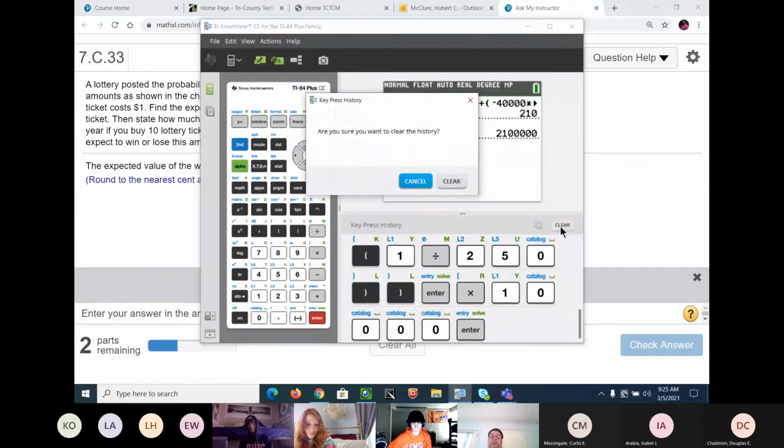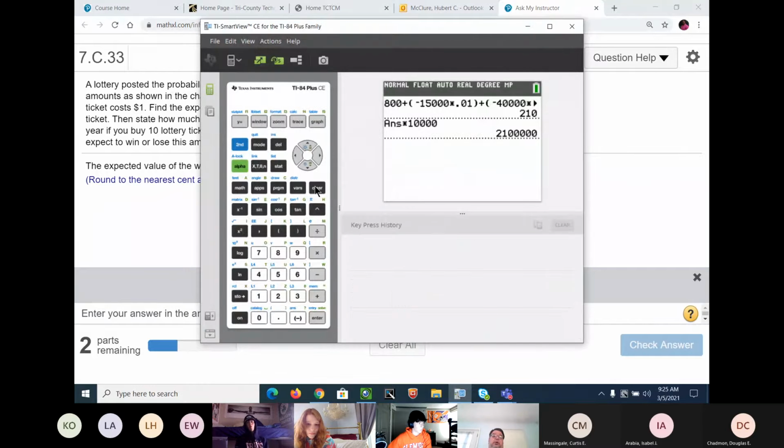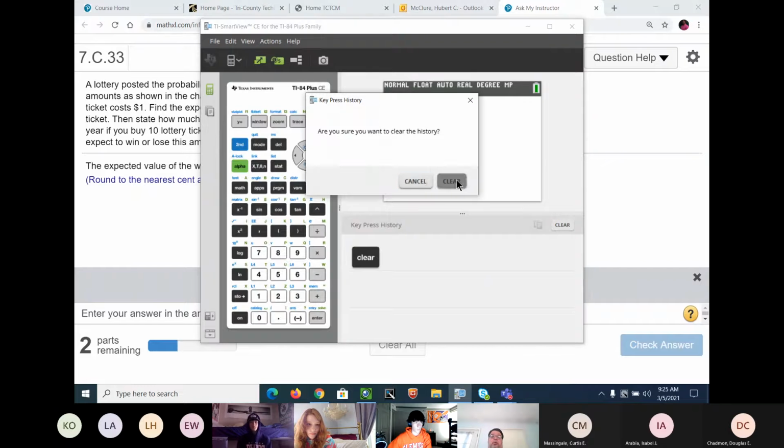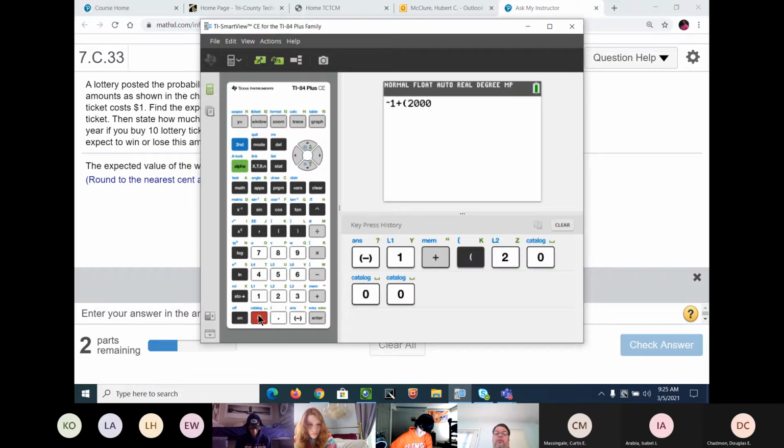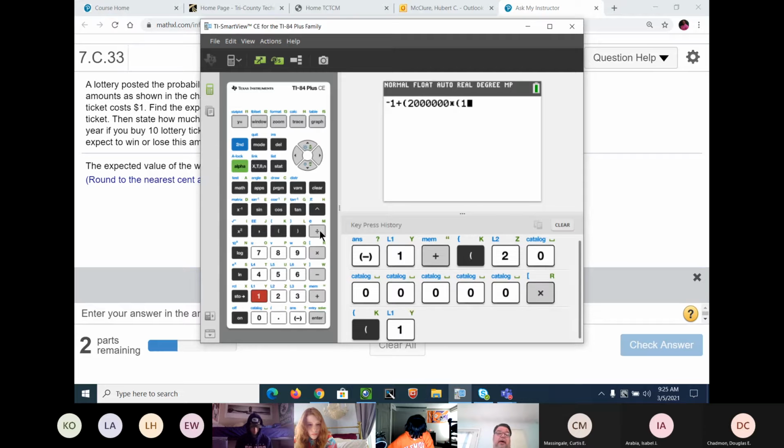So clear and clear. And here we go. I'm a little bit OCD. I don't like to start with a bunch of stuff over here. So -1 plus parentheses 2 million times parentheses 1 divided by 10 million.